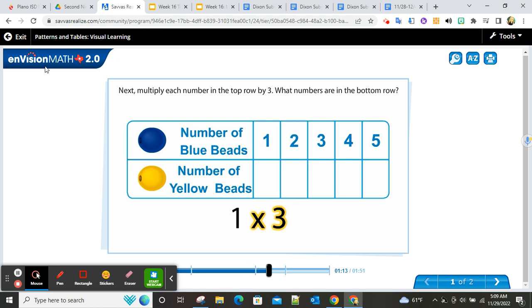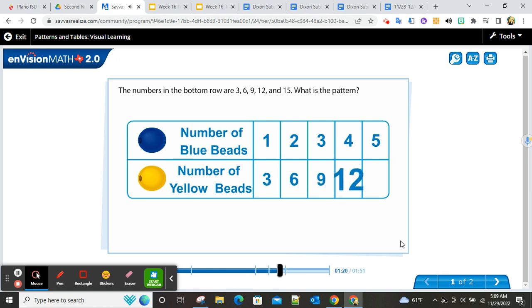Let's watch the rest of our video. Okay, so when we look at this, the pattern is the output. So right here, this bottom row is our pattern.